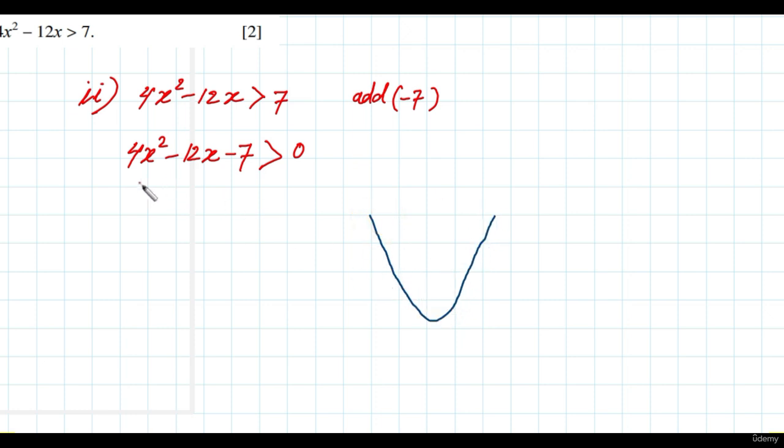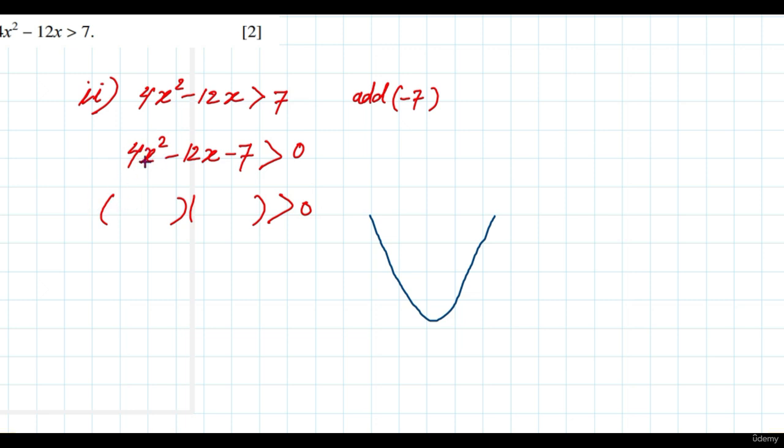However, we need to find the roots for this function in order to sketch the x-axis and to find the critical points, which are the x-intercepts. In order to do that, we need to factorize the left side into 2 factors. Then we have 4x squared.